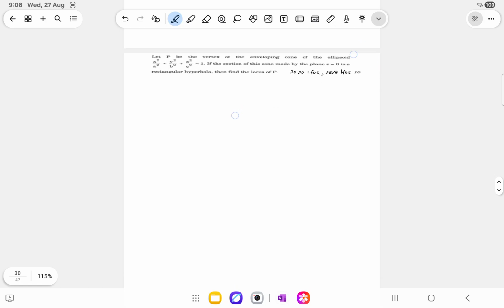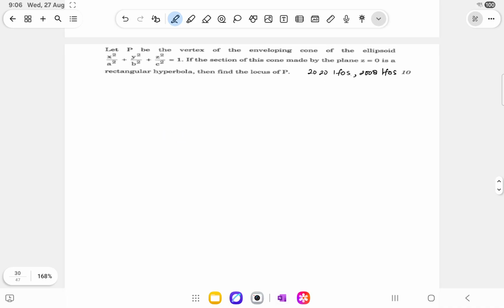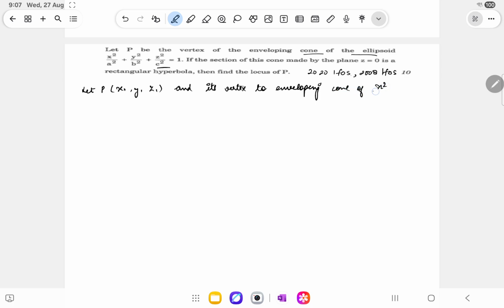So the next question says that let P be the vertex of the enveloping cone to the ellipsoid. So let P be my x1, y1, z1 and its vertex to the enveloping cone of x square by a square plus y square by b square plus z square by c square is equal to 1.